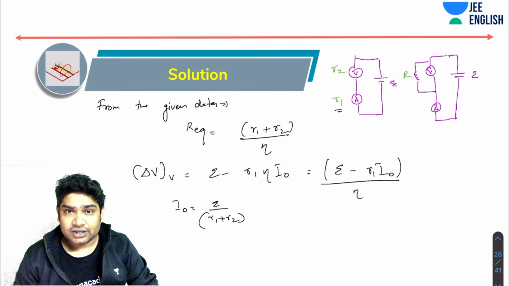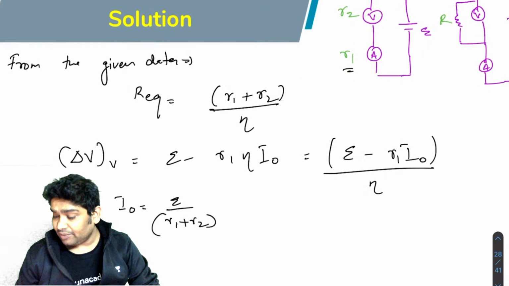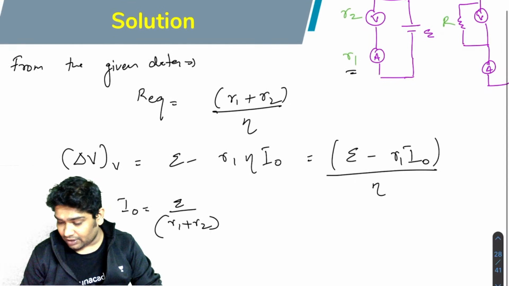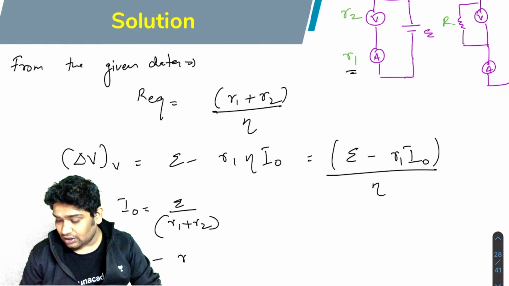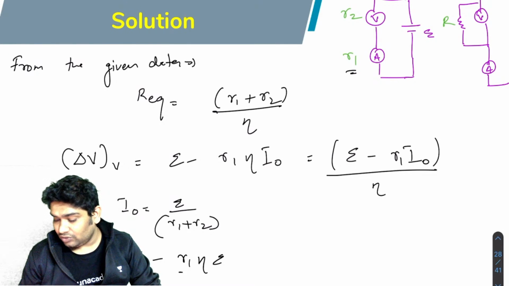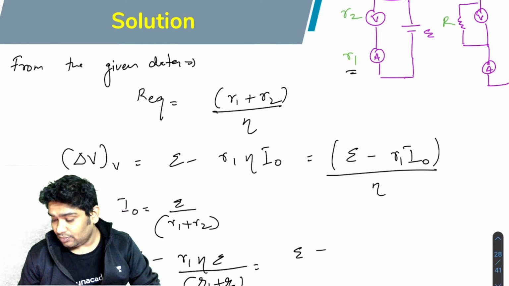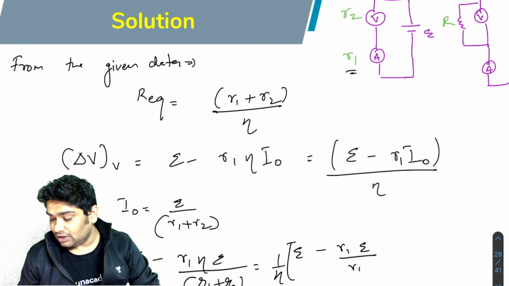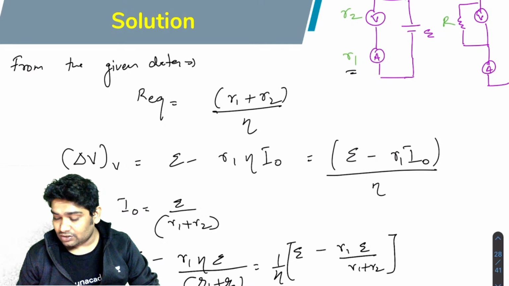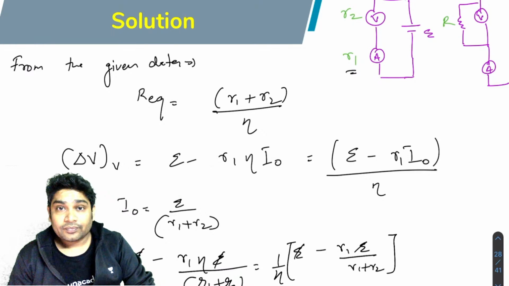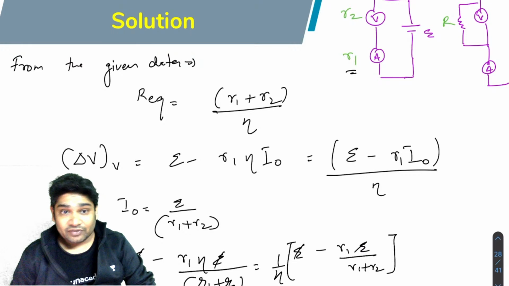That would have been the initial current. So if I replace that value also, let's see what I'm getting. I'm getting eta times epsilon minus R1 eta epsilon over R1 plus R2 equals 1 by eta times epsilon minus R1 epsilon over R1 plus R2. So I can get rid of all the epsilons and hence find a relation between R1 and R2.